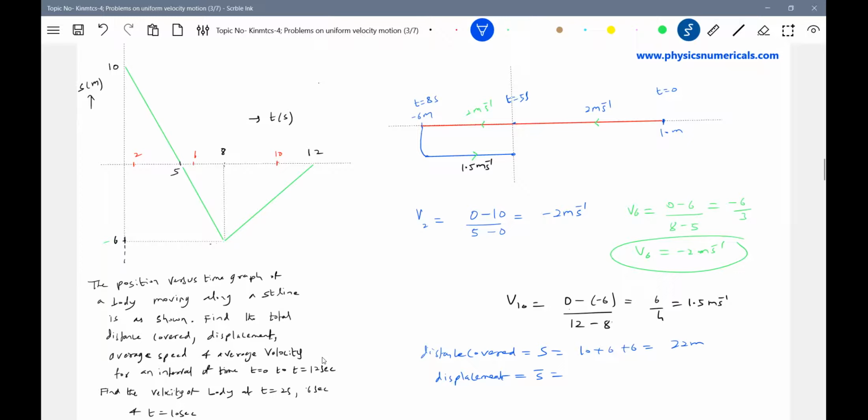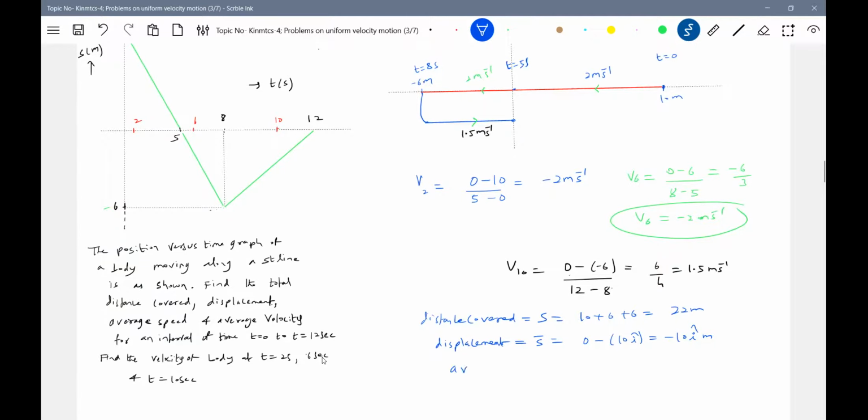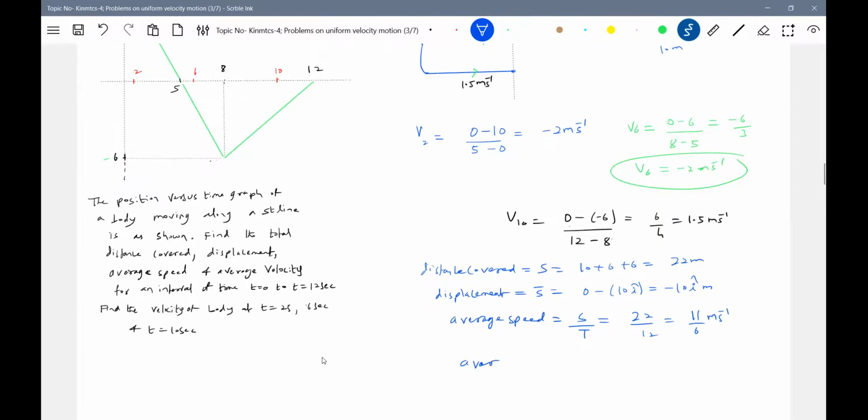So net displacement will be 0 minus 10, that is minus 10 i cap. Then what about the average speed? Distance covered by total time of journey. So 22, and total time of journey is 12. So 11 by 6 meter per second. What about the average velocity? Displacement by time taken, minus 10 i cap by 12.